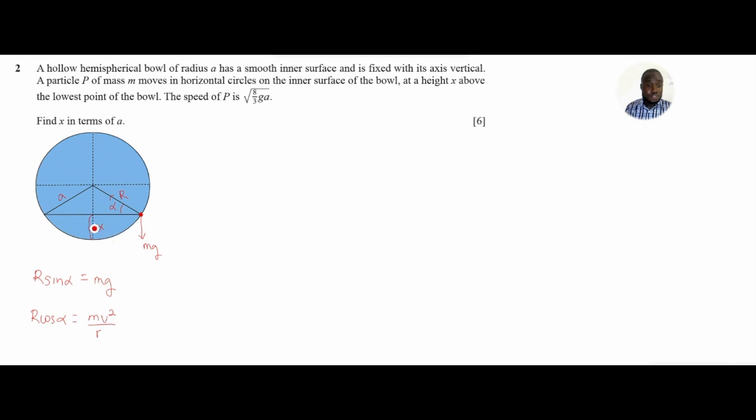The radius of the circular path should be the distance from this place all the way up to here. This is the radius of the circular path. And we can relate that to the a that we know as this. Great. So let's call this 1. But before we call this 2, let's rewrite that equation.